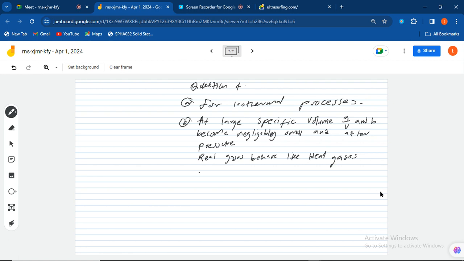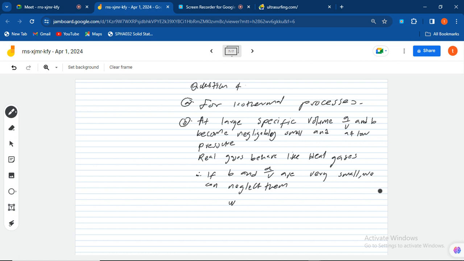Therefore, if B and A over V are very small, we can neglect them.